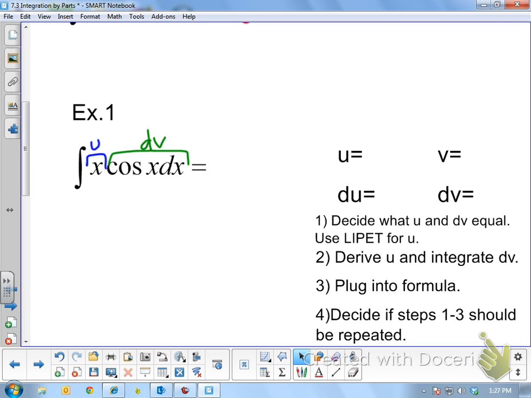So we picked u to be x, and we picked dv to be cosine x dx. So we're used to, with quotient and product rule, having u and v on the same level, but our original pieces that we're working with are actually kitty-cornered to each other this time.